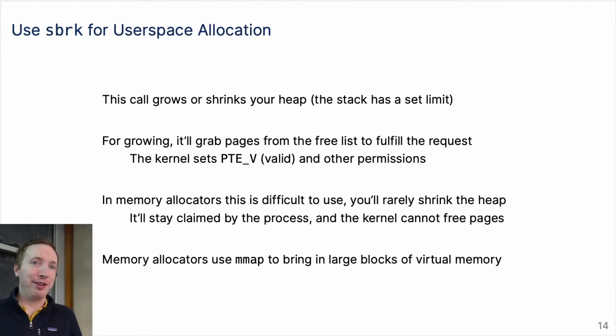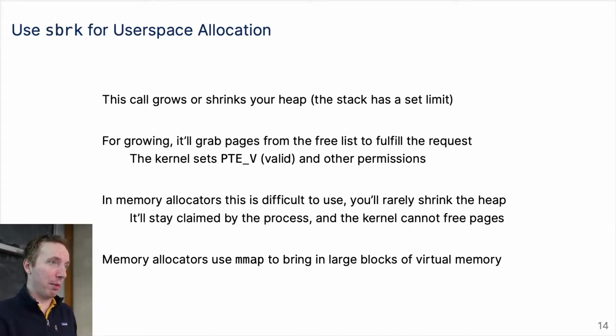So you can imagine if you're a memory allocator and you want to free memory again, it's going to be really difficult, because to shrink the heap, all the addresses need to be free and not accessible for you to move it all the way up wholesale. So it's really, really bad.